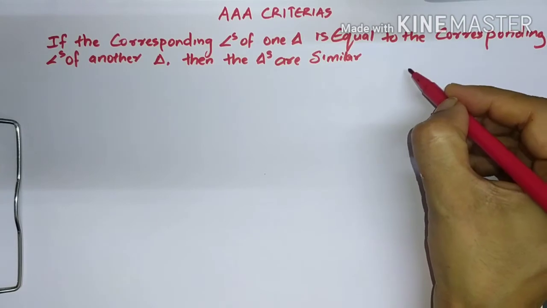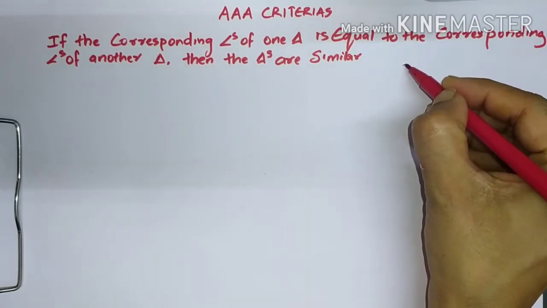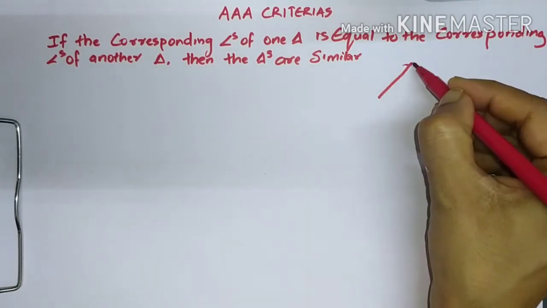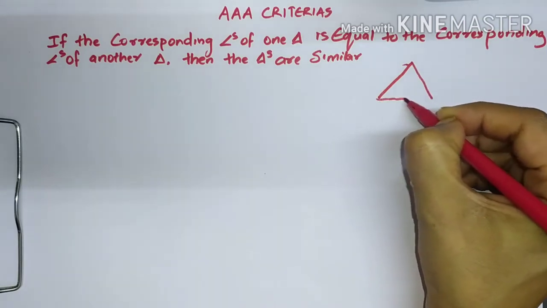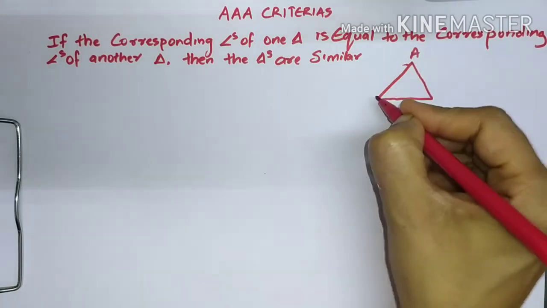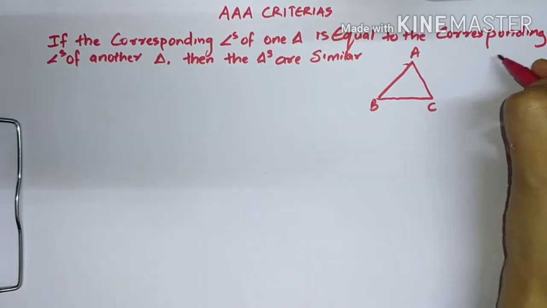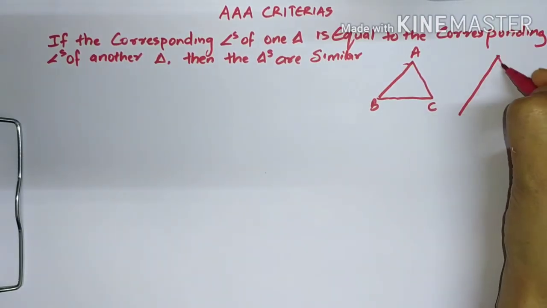So okay, now I'll draw a figure. So we have two triangles. Let this triangle be ABC and let this triangle be DEF.